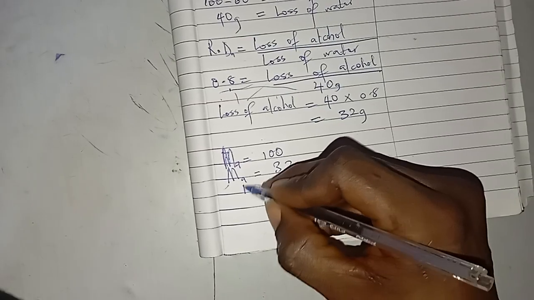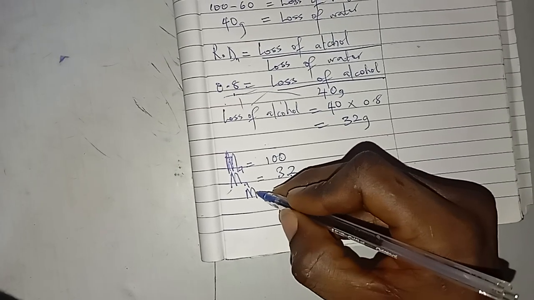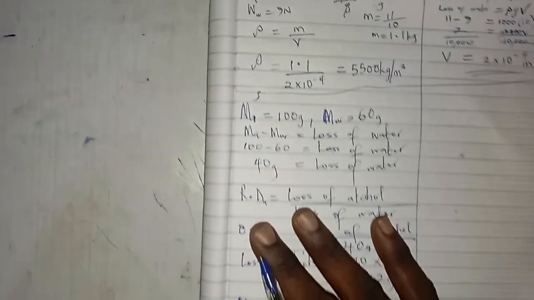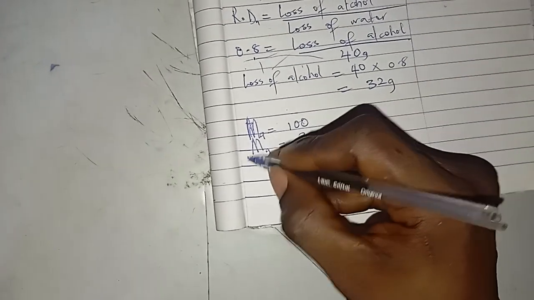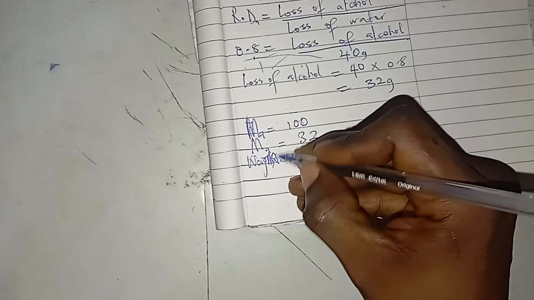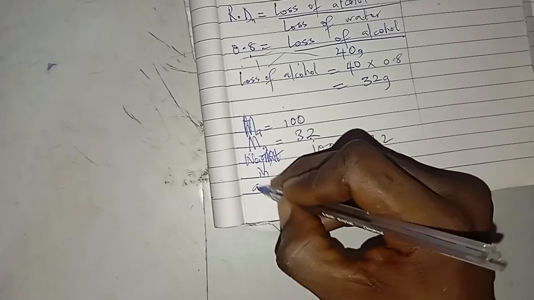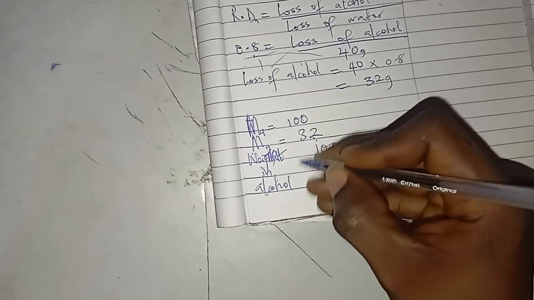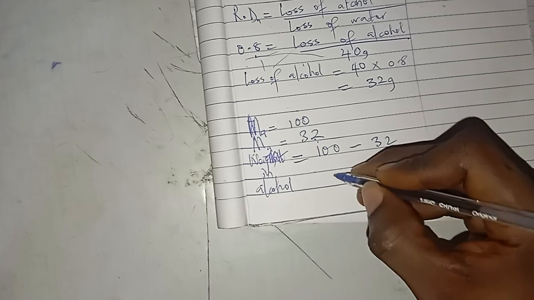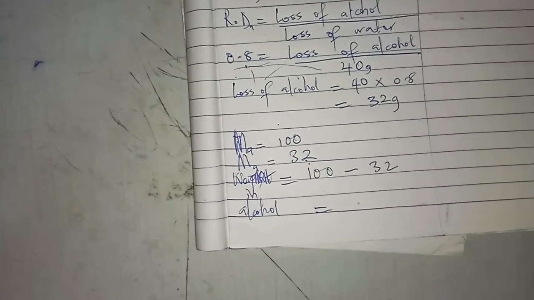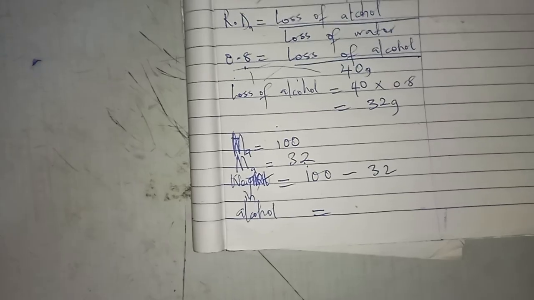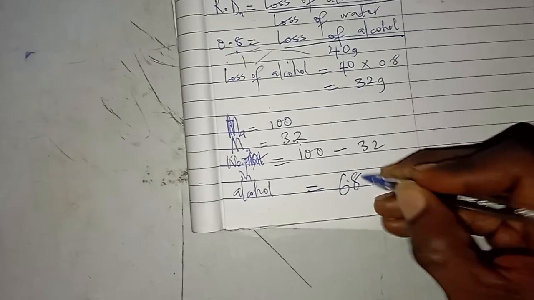So that is the weight of that metal in alcohol. So weight in alcohol equals 100 minus 32 equals 68 gram.